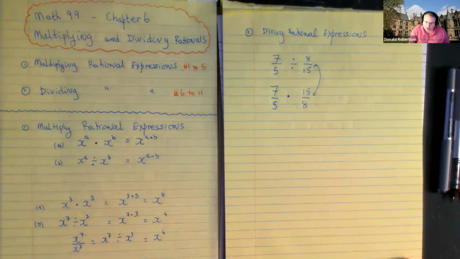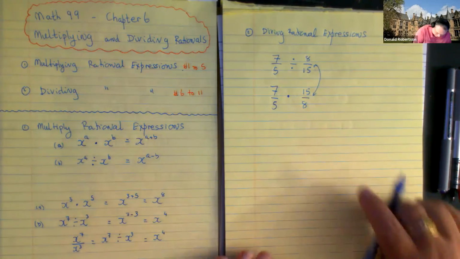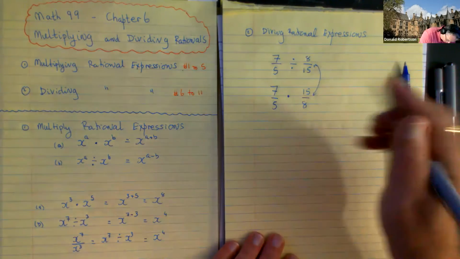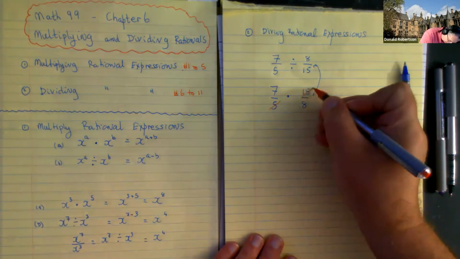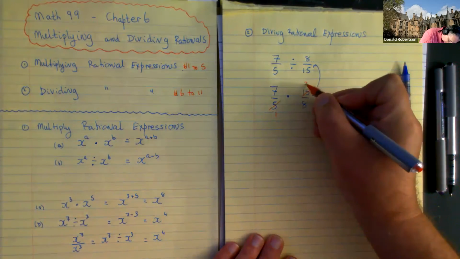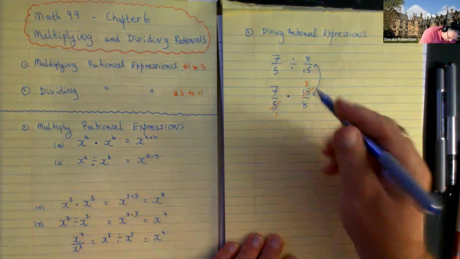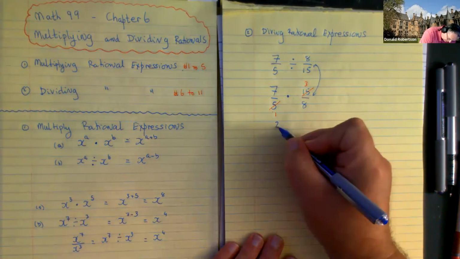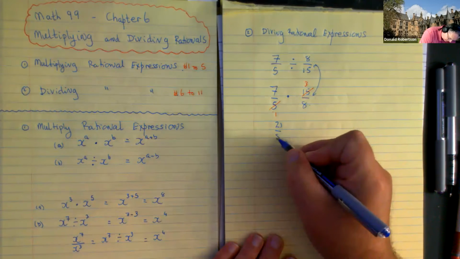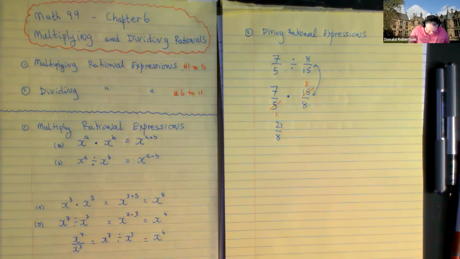That's called the reciprocal. Now, when you do that, you can then, hopefully, get some cancelling. These two divide by 5. And then what's left is 7 times 3, and on the bottom, you've got 8. And that's your answer.